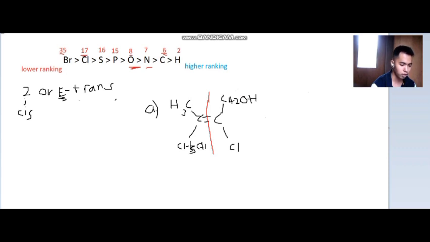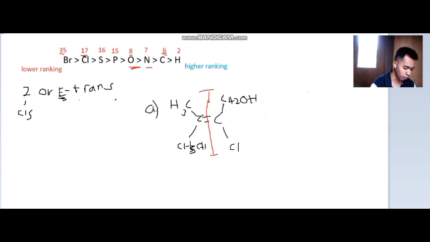Instead of basing on the same compound being on the same side, we base it on the low or high rank, instead of the compound that we have in cis and trans isomerism.